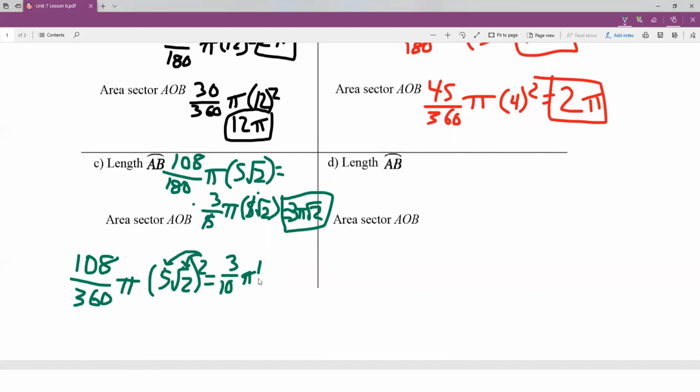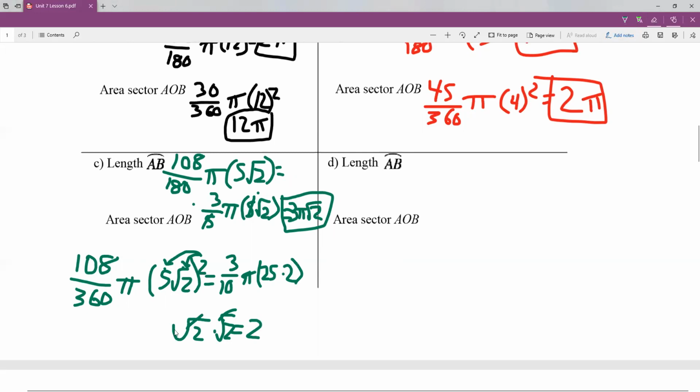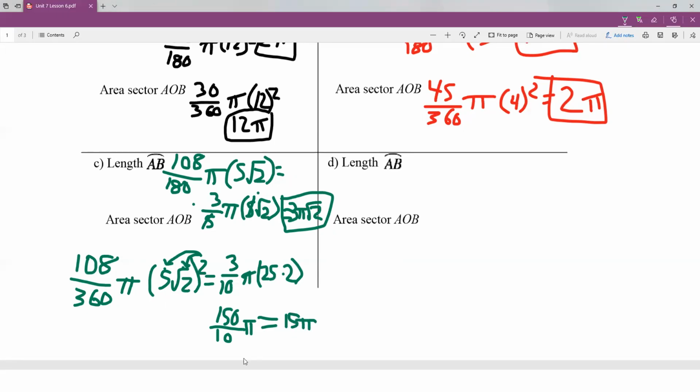So 5 squared is 25. Then root 2 squared: root 2 times root 2, the squares cancel out and I'm just left with 2. So that's just 2. Then we multiply it out. This is 50, and 50 times 3 is 150, over 10. This is equal to 15 pi. That's the area.